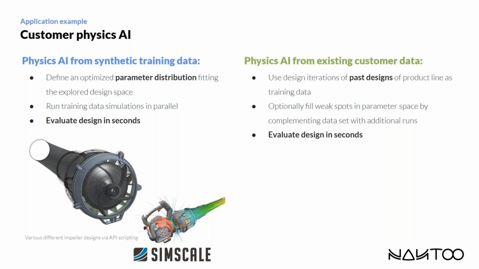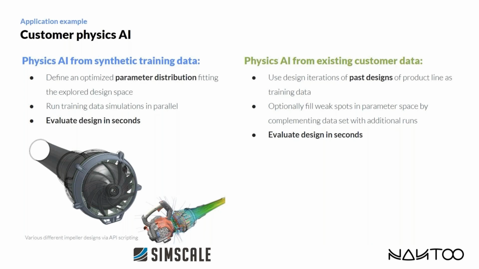Now we can make use of this past information to become faster essentially in predicting physics via the AI model. Obviously, if now there's new things that come up in the next generation of the product, you can also again fill the weak spots in the parameter space by adding some simulations and also use that for training the model. But you can really use that base, and you can over time add experience and value to the models that you have.